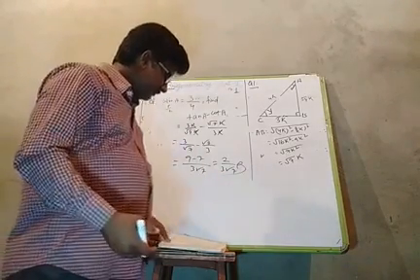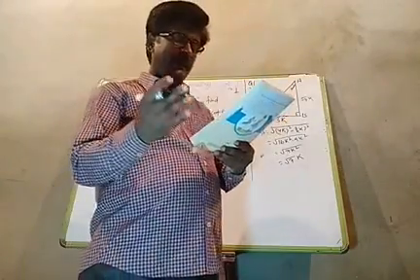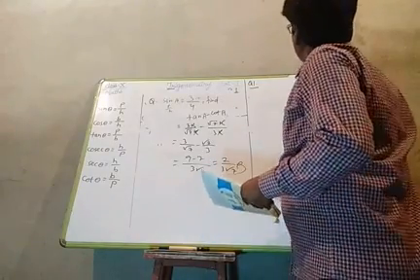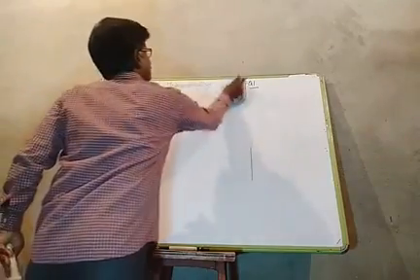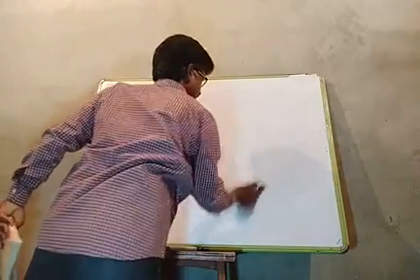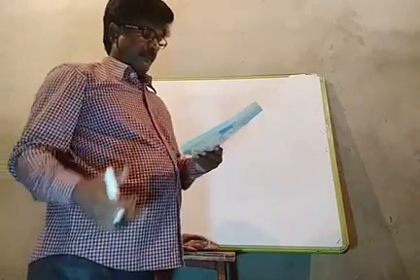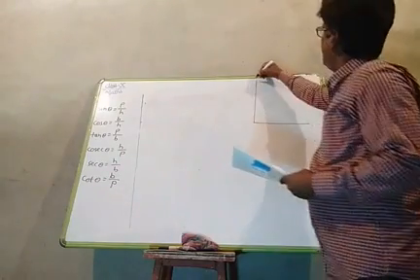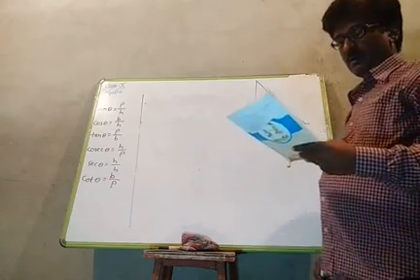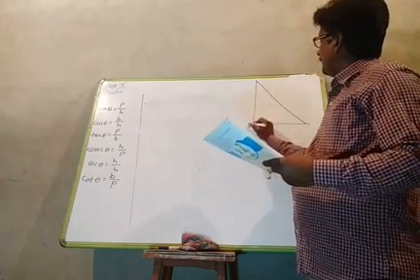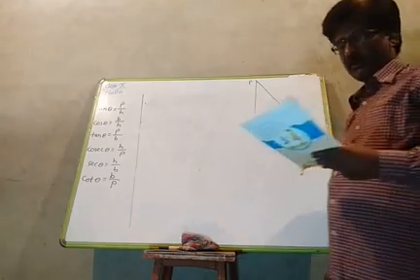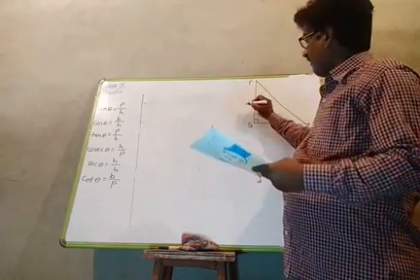Okay. Next, question number 10. In triangle PQR, let this one be PQR, with right angle at Q. This one is the right angle, let this one be P and this one R. Given PQ is equal to 5 centimeters.